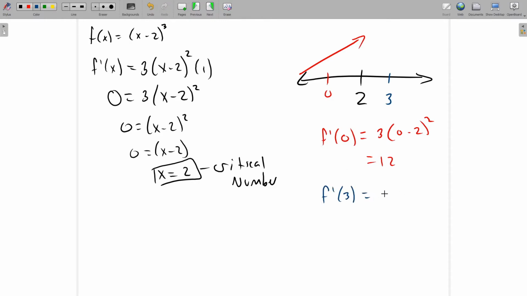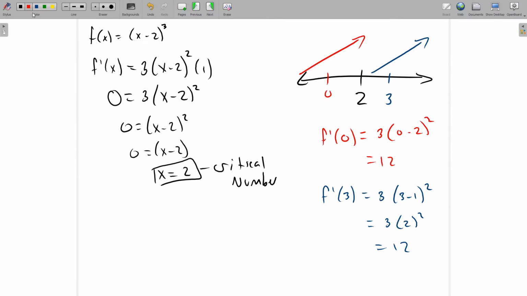We plug it into the derivative. Two squared is 4. 4 times 3 is 12. We get positive 12. So again, this is positive, this is increasing.